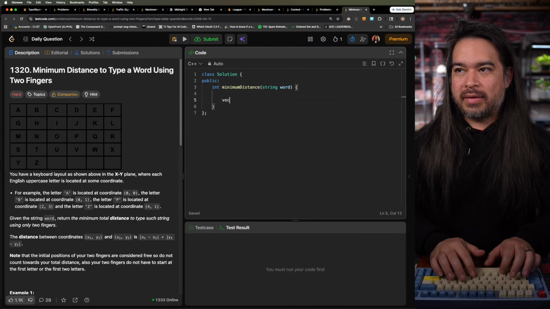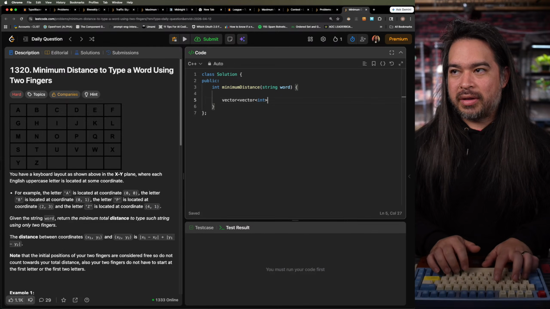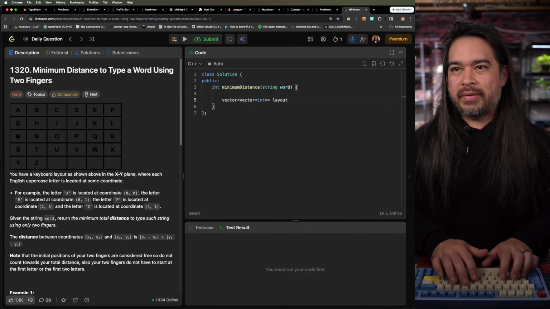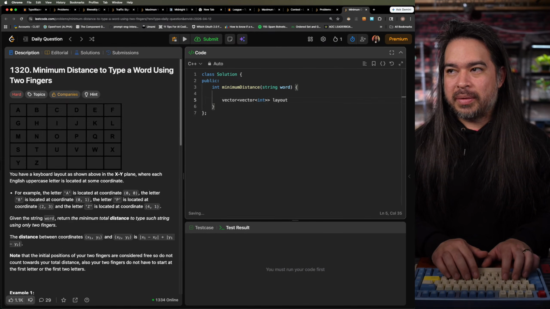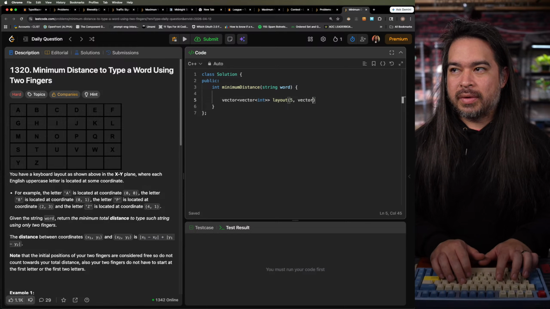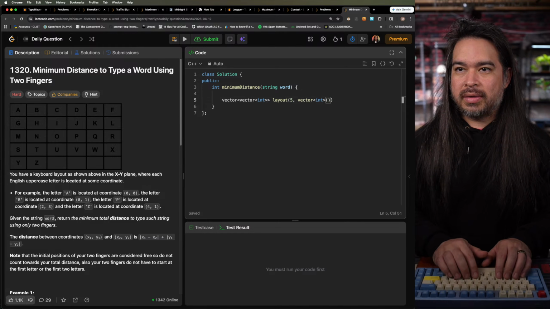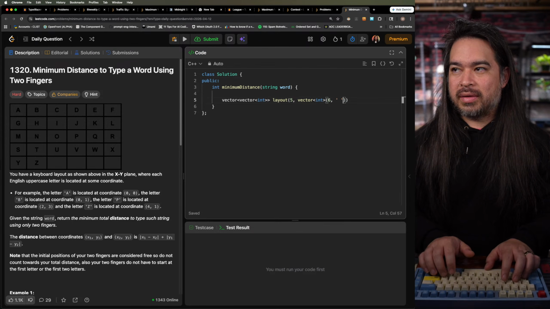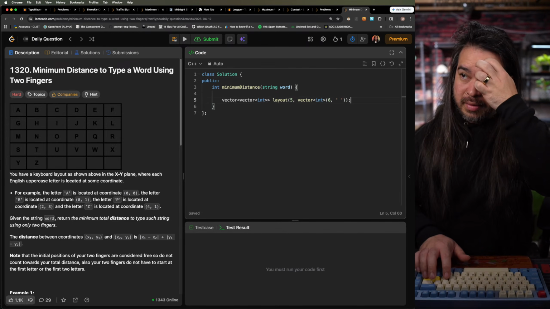Let's see. Vector, vector, int. I don't even know if we actually need it though, right? So it's gonna be of size, how many rows? 1, 2, 3, 4, 5 rows, and 6 characters wide.